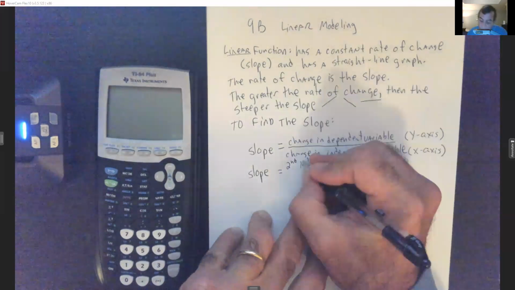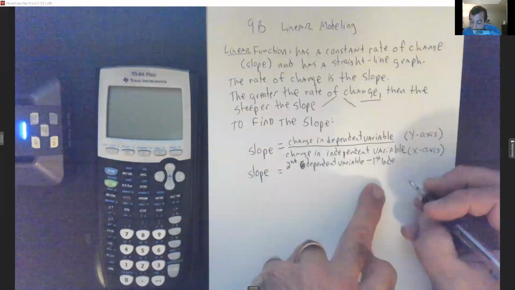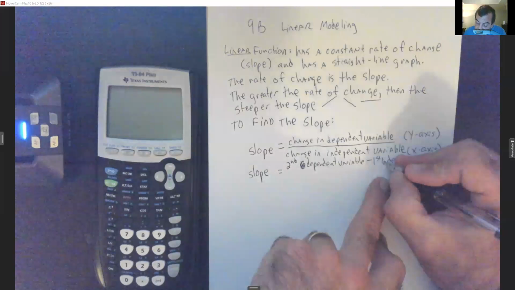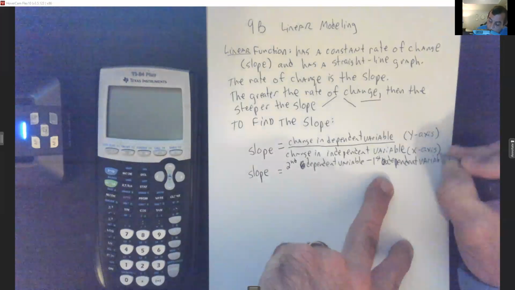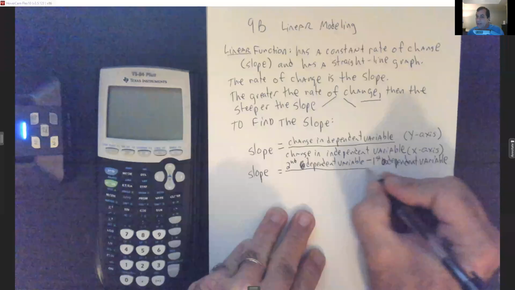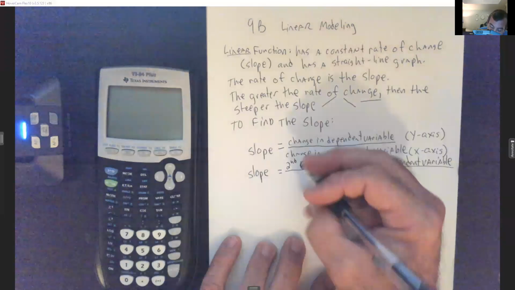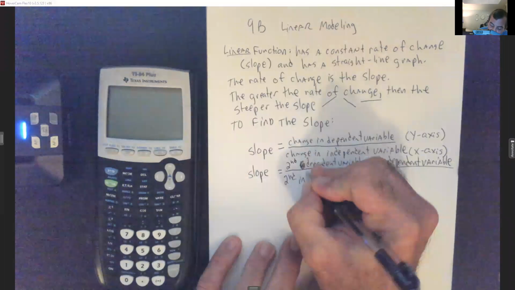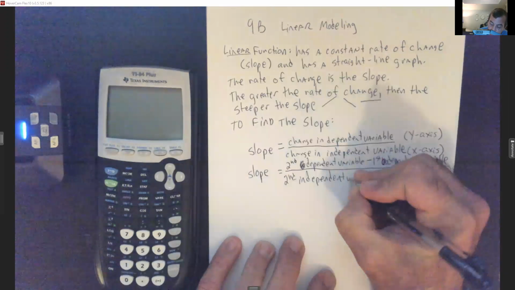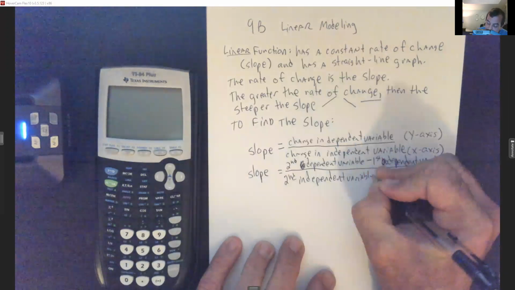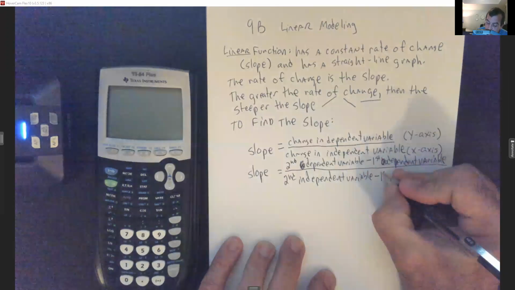So these are dependents on top, my bad. So it's the second dependent variable minus the first dependent variable. All that'll be over the second independent variable minus the first independent variable.